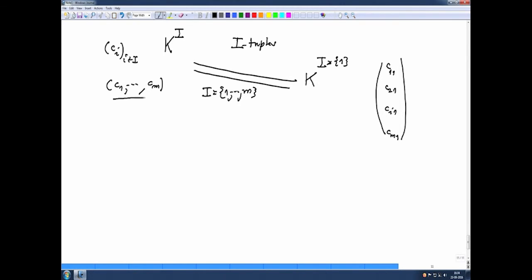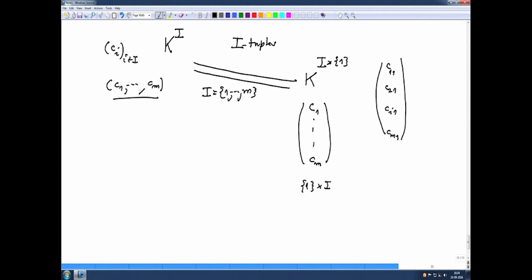instead of writing elements of this as this, I would write them like this, columns. So, this extra dummy index is just to say that it is like this. These are columns. So, elements of this I will think of as columns. Okay. And the row vectors, if I want to think of a row vector, then I would not take I cross 1, but I will take 1 cross I, and then it will become a row vector.